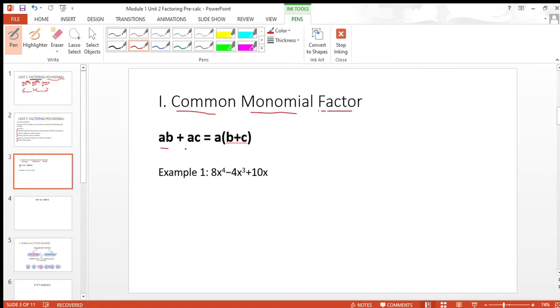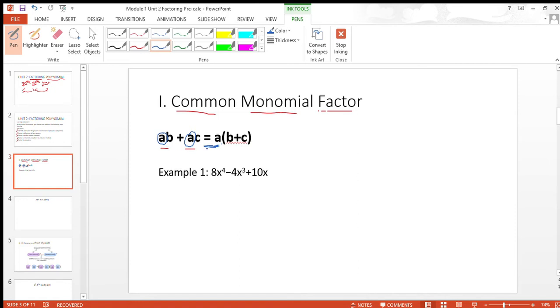So let's say we have the polynomial AB plus AC, and in here we can find that A is a common monomial factor. Therefore, what we will do is the common monomial factor will now be factored out. So we factor out the common monomial factor, then that will now be multiplied by B plus C. How did we get B plus C? AB was divided by the element that was factored out, giving us B. Then AC divided by A will be equal to C.